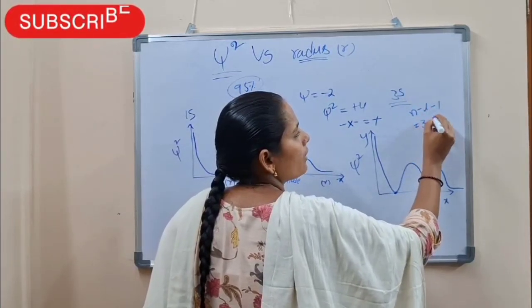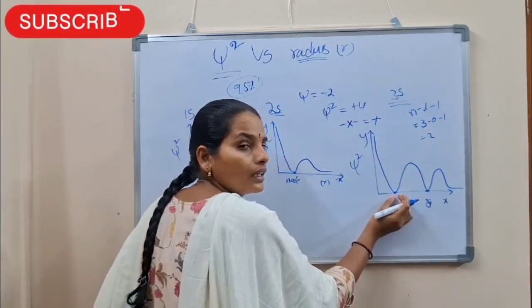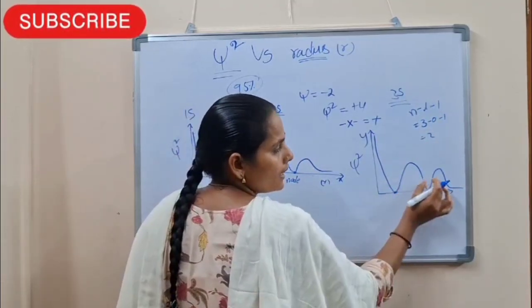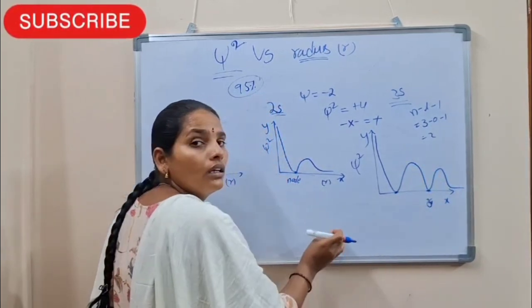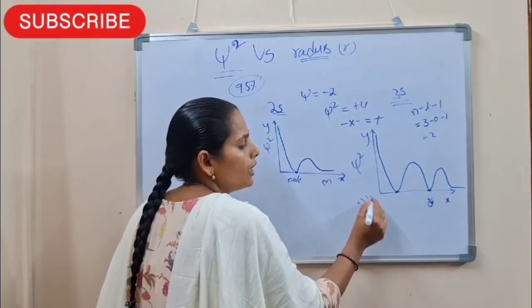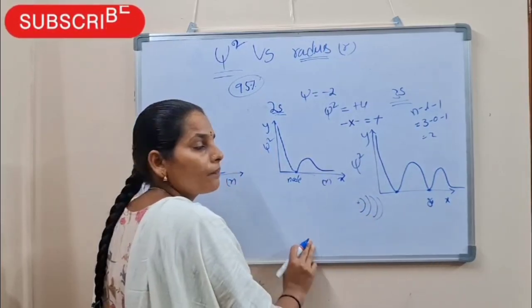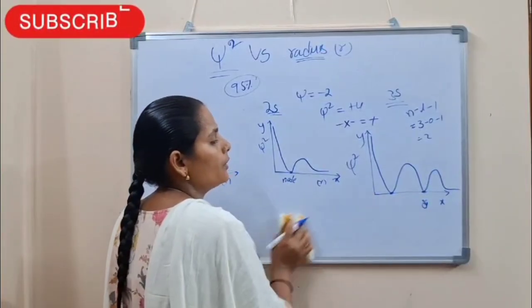The n value is 3, the l value for an s orbital is 0, so 3 minus 0 minus 1 is 2, the two nodes. By increasing the nodes, the distance of the peak decreases, because the orbital is very far from the nucleus. This is about the s orbitals.